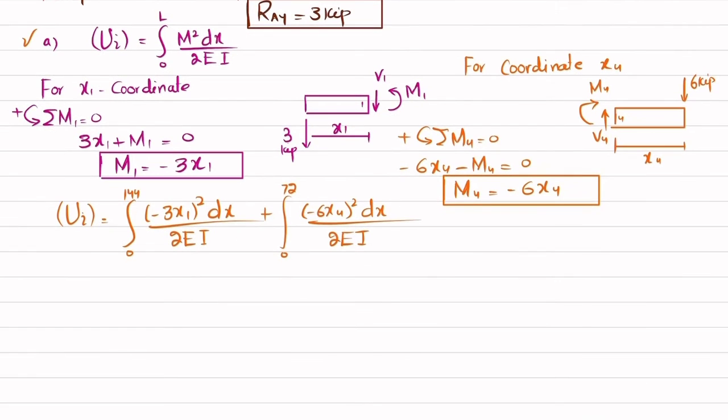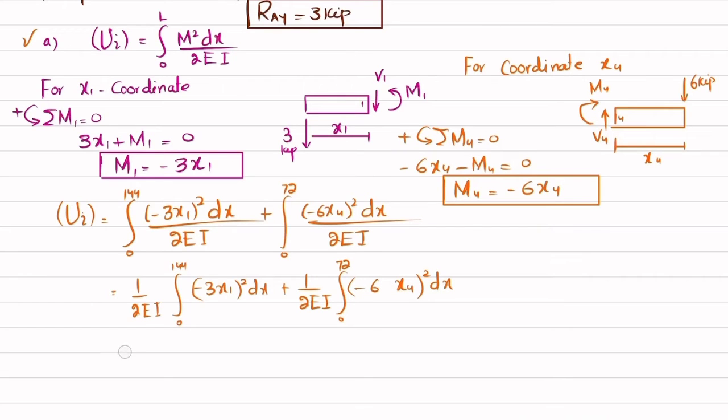Now you can take 1 over 2EI common because they are constant. So we are left with the integral of 0 to 144 of minus 3x1 squared dx, plus 1 over 2EI into the integral of 0 to 72 of minus 6x4 squared into dx.